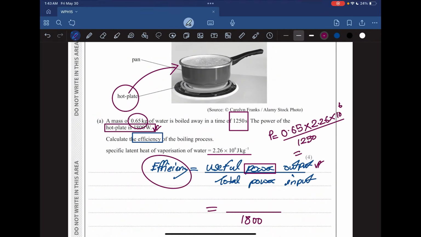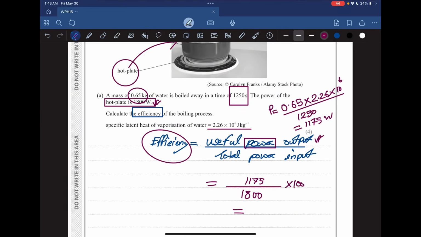So our power output value will be 1175 watt. This will give us a value of, we can actually multiply it with 100. It's your decision whether you want to multiply with 100 or not. I will always multiply. So this will give us a value of 65%.